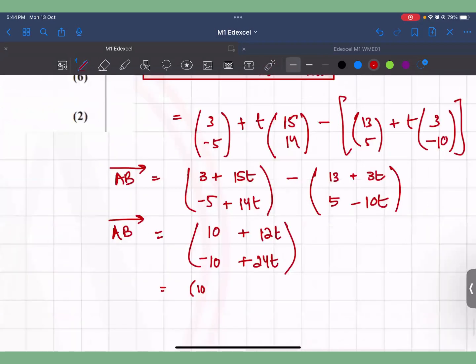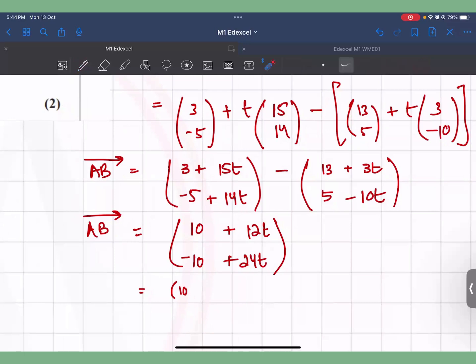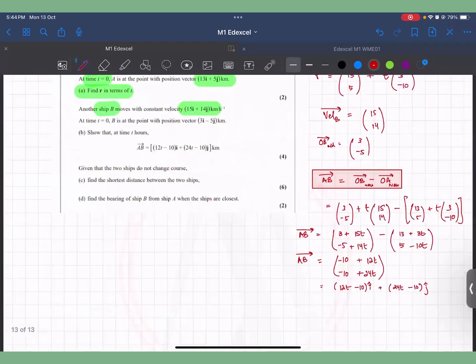Yes, I'm making silly mistakes. 3 minus 13 will be minus 10. So this would be (12t minus 10) i plus (24t minus 10) j. This is what they asked you.